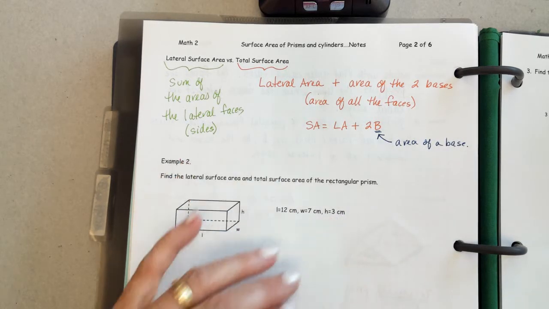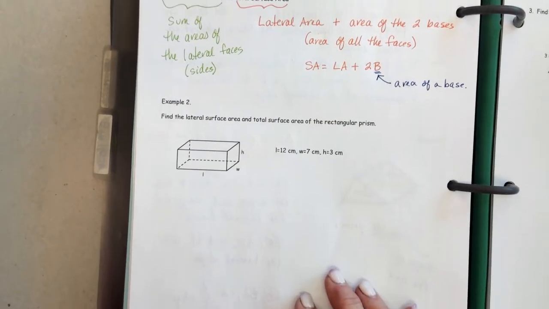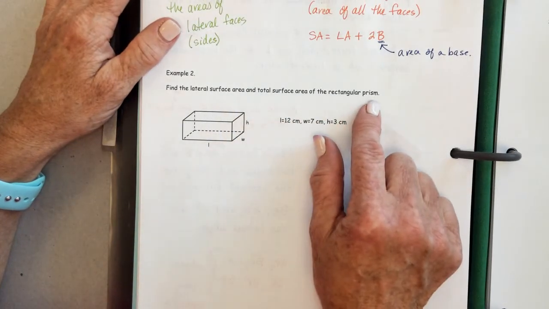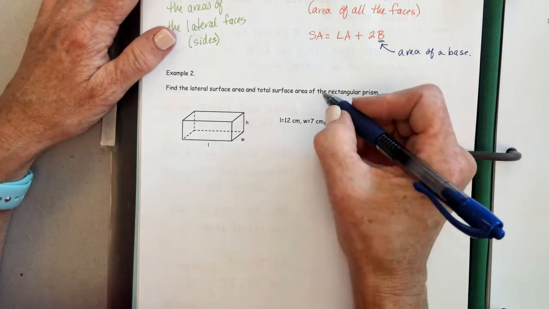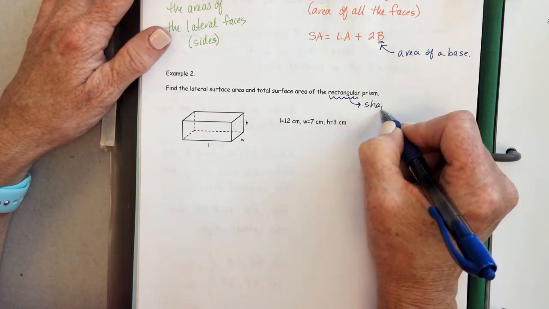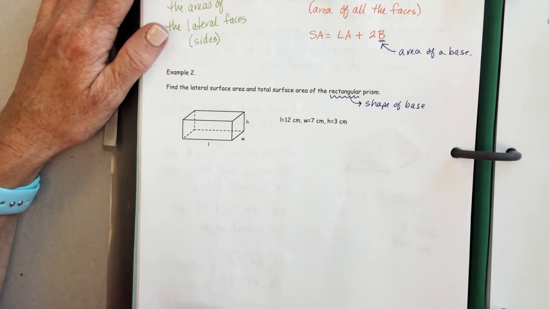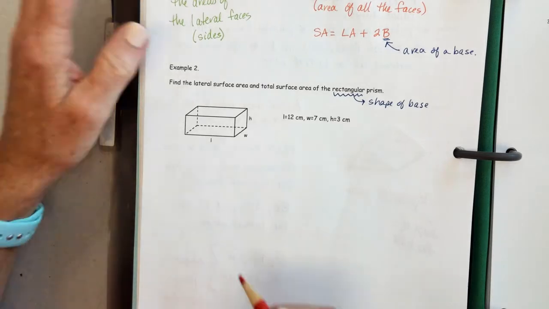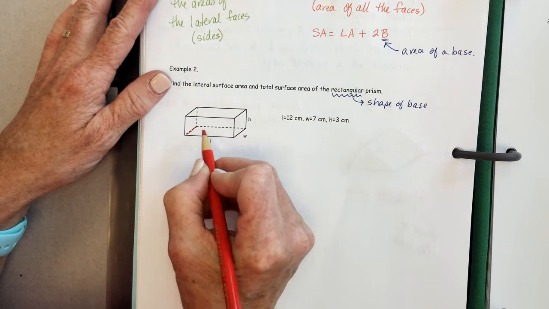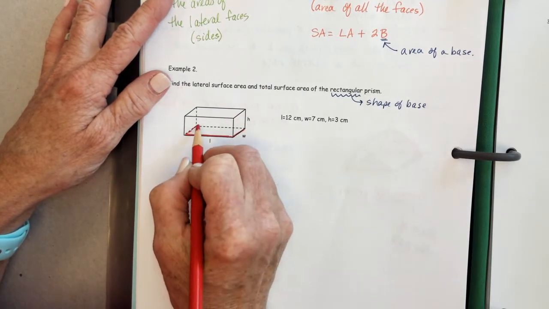All right, let's take a look at a few examples. We're going to go right here. We want to find the lateral surface area and the total surface area of this rectangular prism. Rectangular tells you that the shape of the base is a rectangle. And this one's actually kind of nice. It is sitting on its base. And again, I like to identify where that base is.